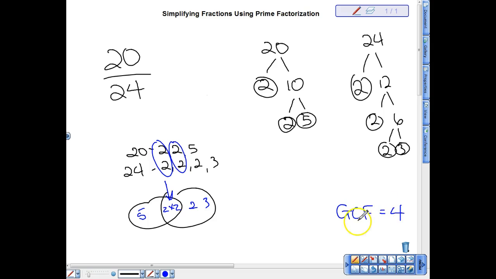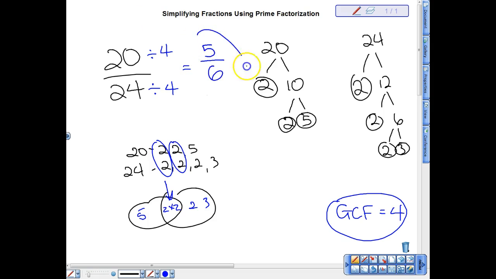Now, I know this greatest common factor equals the biggest number that I can evenly divide into both 20 and 24. So I know if I divide both 20 and 24 by 4, I'm going to get this simplified fraction. This will end up being the smallest that you can get. You can't simplify it any further.